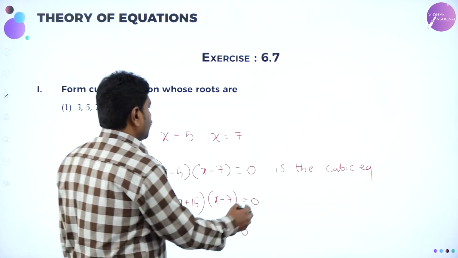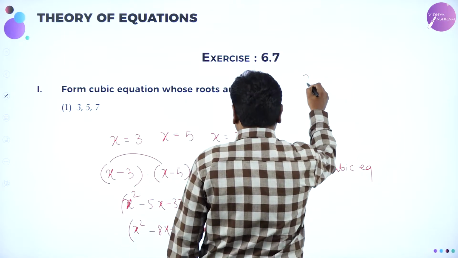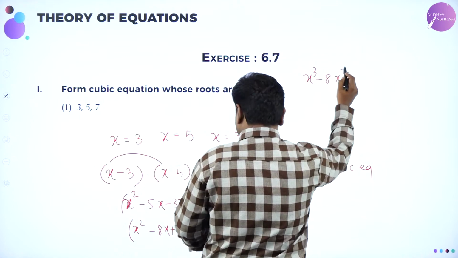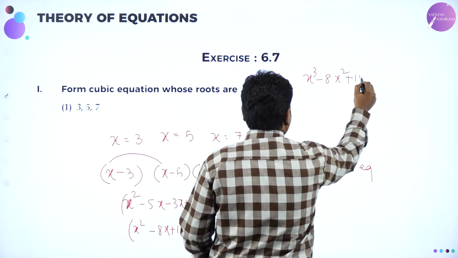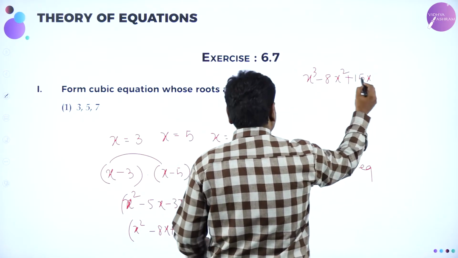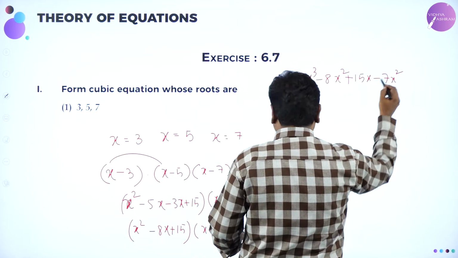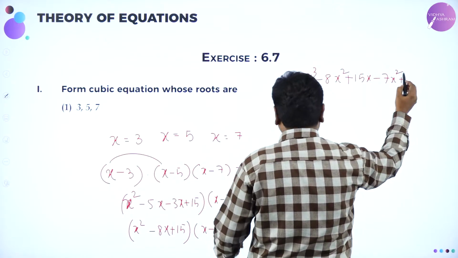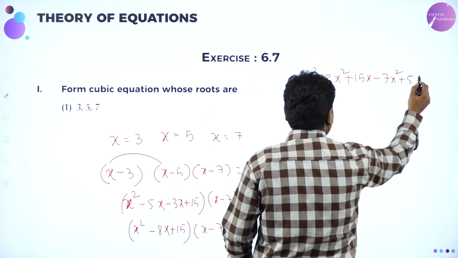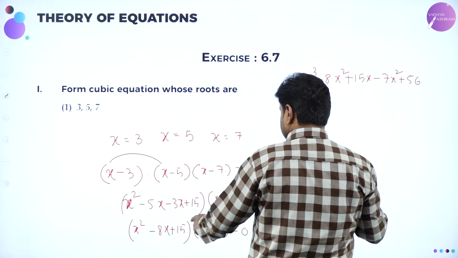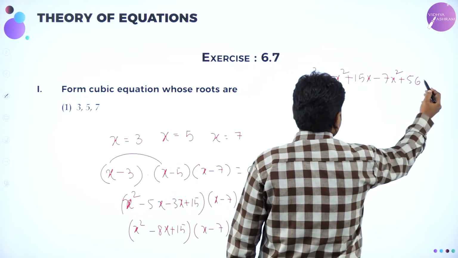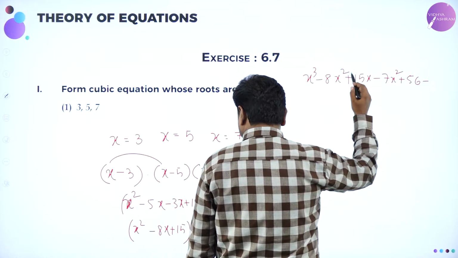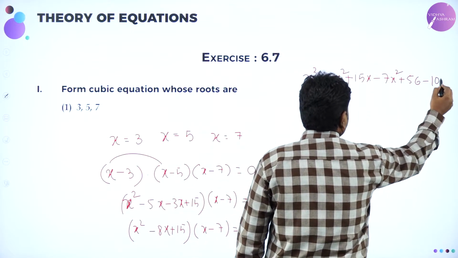X into x square becomes what? X into x square is x cube. Minus x into this is 8x square, then plus 15x, then minus 7x square, then minus into minus plus, 8 sevens are 56, then 15 into 7, minus 15 into 7, 105 is equal to 0.